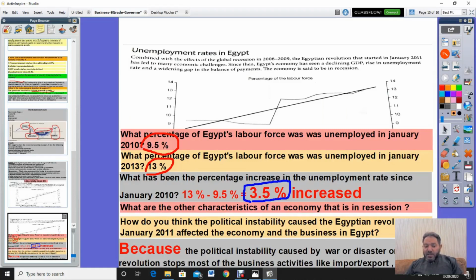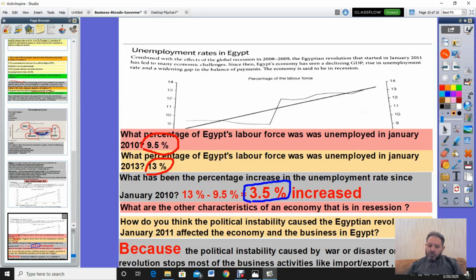The final question is D. It is asking, how do you think the political instability caused by the Egyptian revolution in January 2011 affected the economy and the business in Egypt?